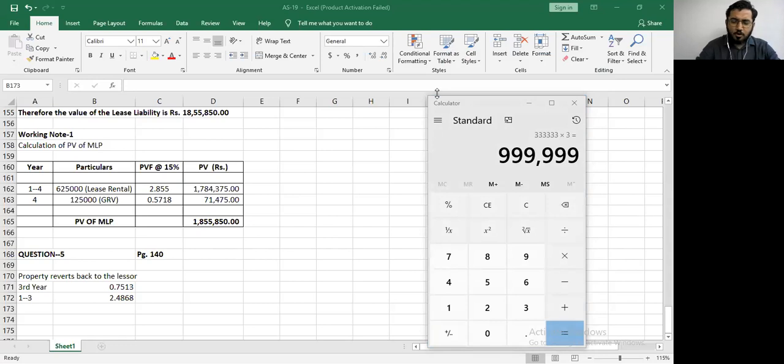Now, my first logical question to you is, your cost of the asset is 10 lakhs, and the amount you will recover from the leasing over 3 years, not 1 year, is also 10 lakhs. Then what's your profit?